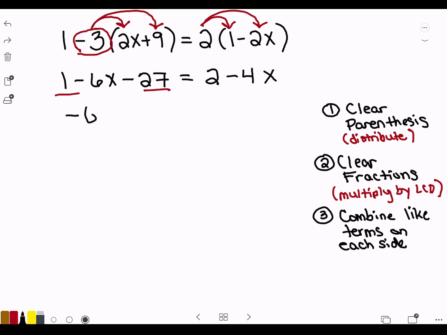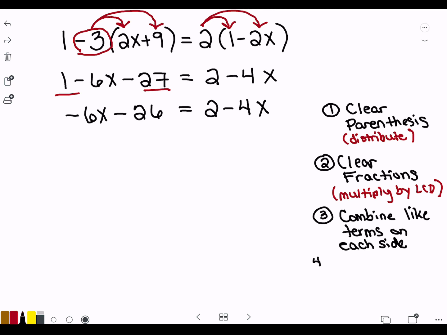Don't jump across the equal sign. Just combine everything on each side. So you got negative 6x minus 26 and 2 minus 4x. So you have no more like terms on each side. And remember, we're not jumping across the equal sign. You're just combining like terms on each side.